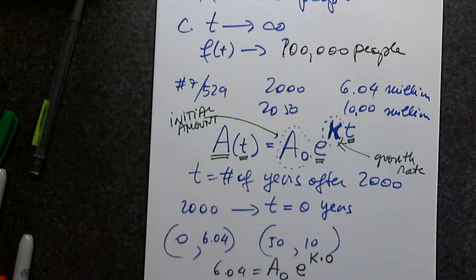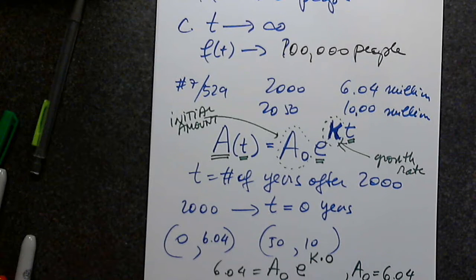You're right. You're way ahead of me. That's okay. So k times 0 is 0, but e to 0 is 1. I agree. So then I already found, with absolutely no effort, 6.04 million. So I know that the original size of the population in the study is 6.04. That's it. So this is what I have so far.